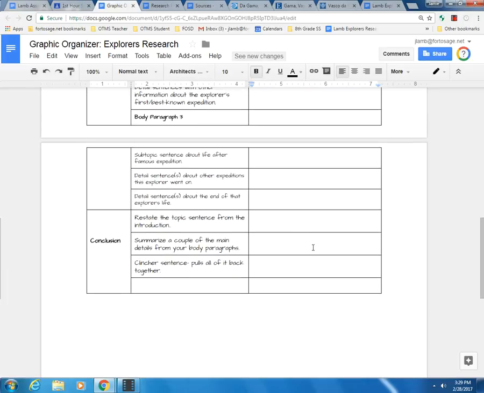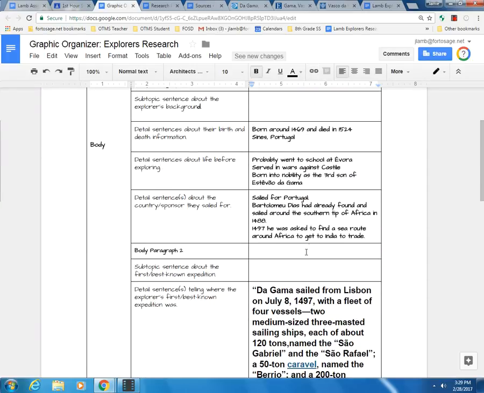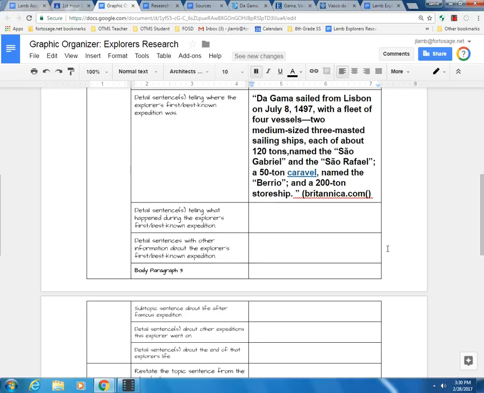And the same thing with the conclusion. The conclusion actually mirrors the introduction. So you're restating the topic sentence from the introduction, so I would do the introduction first. And then you are summarizing a couple of the main details from the body paragraphs. That's where you go back through and just summarize. Oh, born in Portugal, sailed for Portugal, best known for sailing all the way around Africa to India.